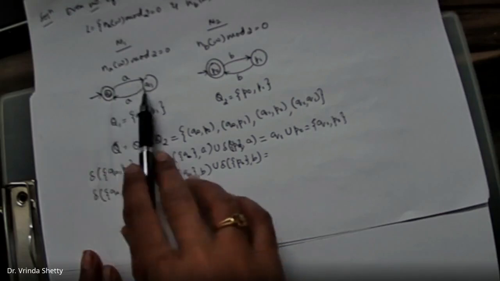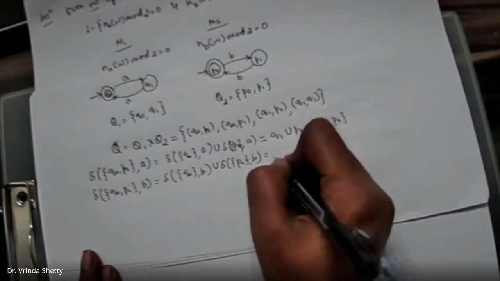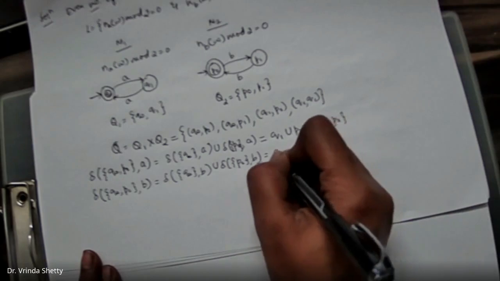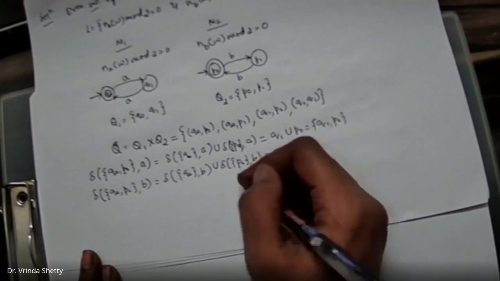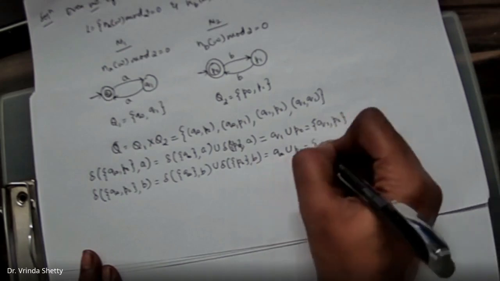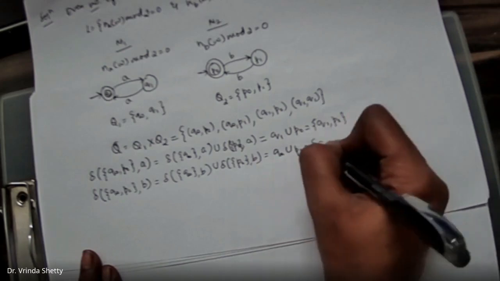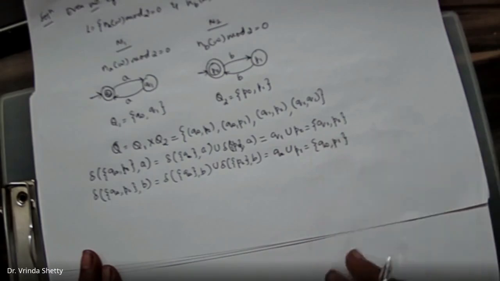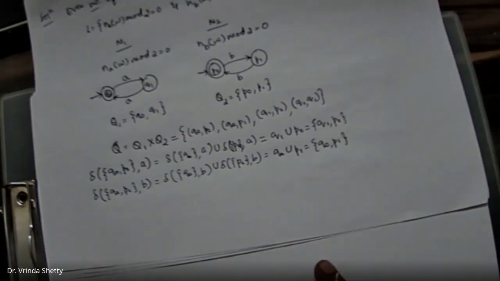No, Q naught on B is not defined. So we'll keep Q naught as it is, union P naught on B is P1. So we'll get it as Q naught P1. So we got the states as Q naught P1.